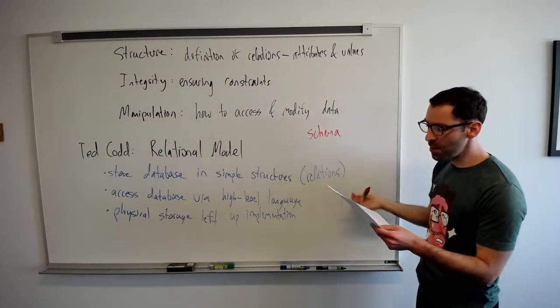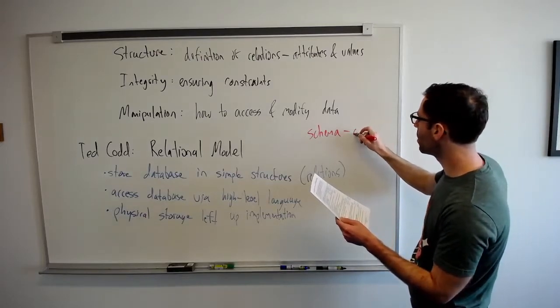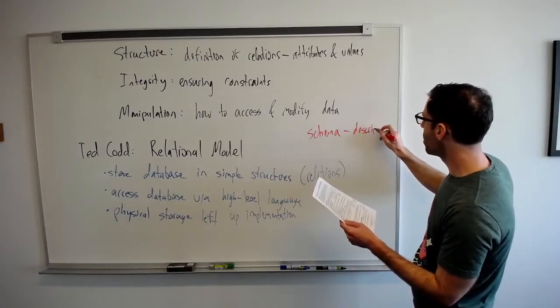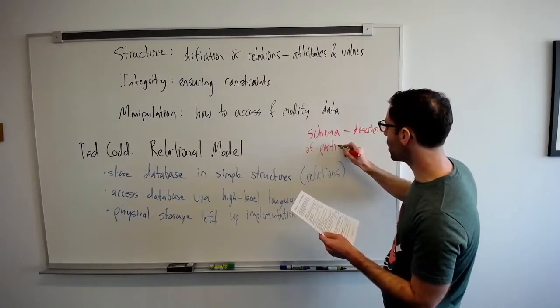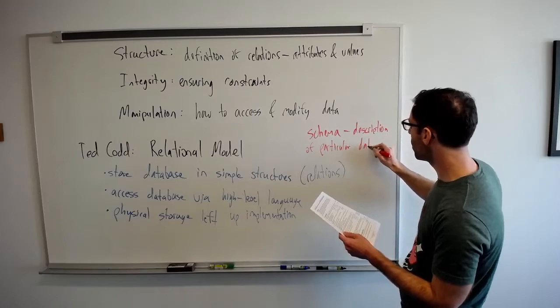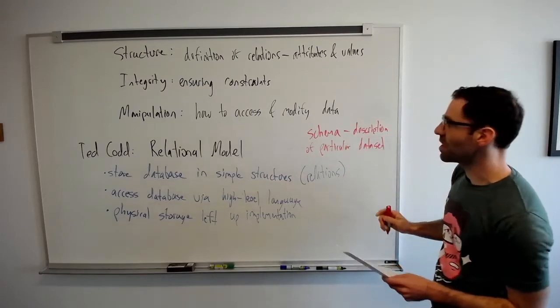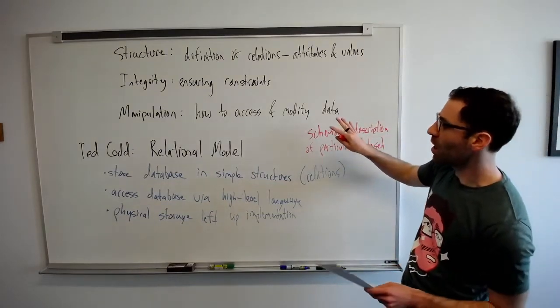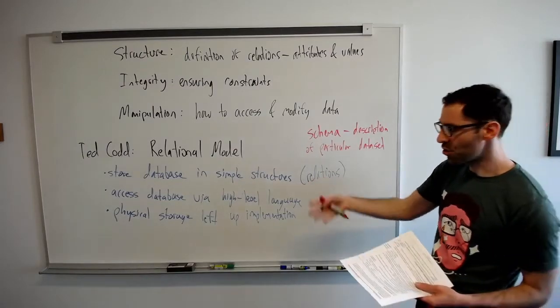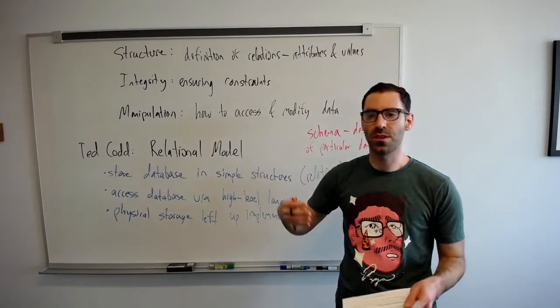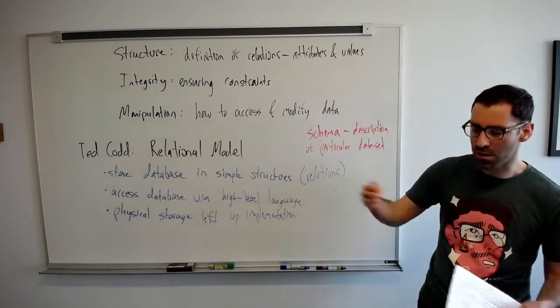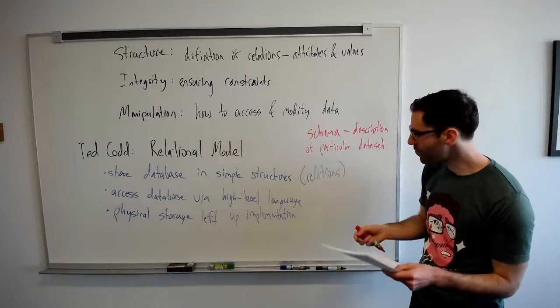And then a schema is our description of a particular data set. So a schema would be the description of there are students and instructors and departments and courses in our database, and here are the properties that they have.